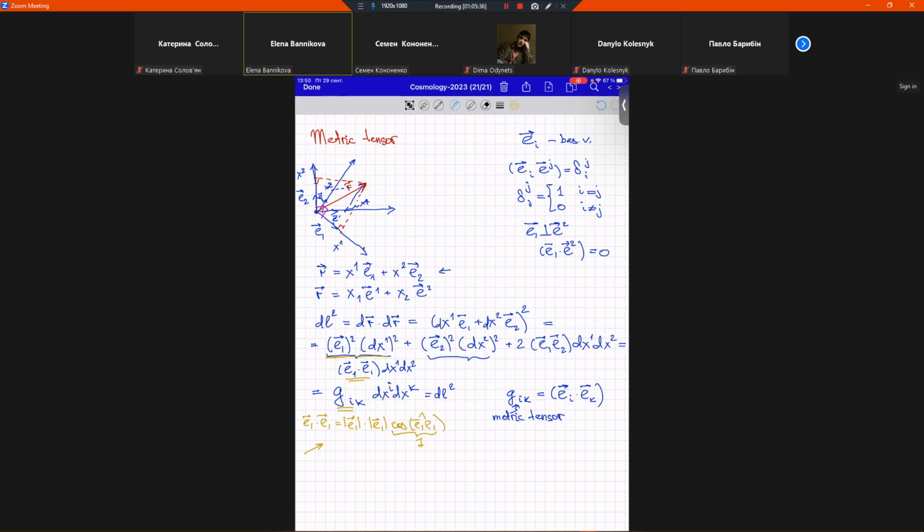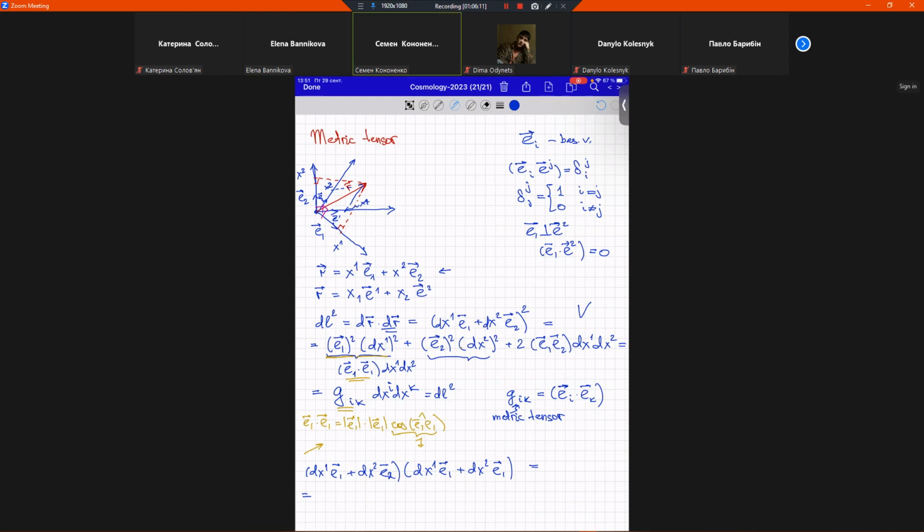So look, I can write this one like this. You agree? So dx1 e1 plus dx2 e2, and multiply by the second one, dx1 e1 plus dx2 e2. What I'm doing is I just multiply one summand by another summand.